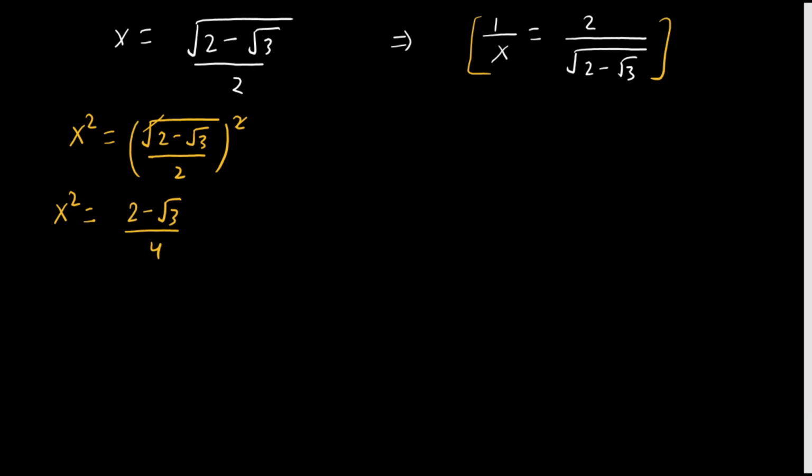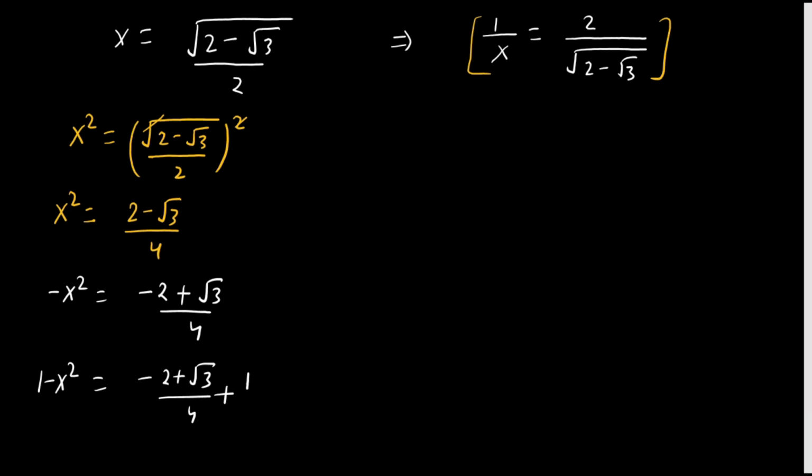Now if we multiply both sides by minus 1, then on the left hand side minus x square equals minus 2 plus square root of 3 divided by 4. If we add 1 to both sides, then on the left hand side 1 minus x square equals minus 2 plus square root of 3 divided by 4, and then plus 1.